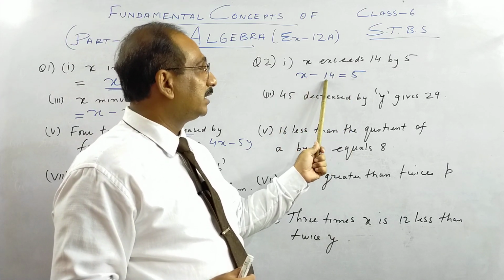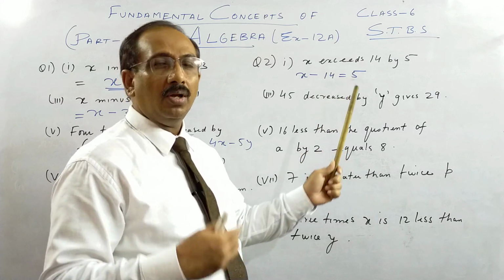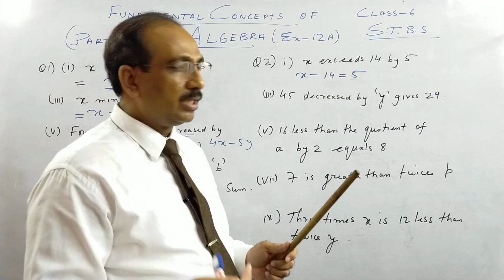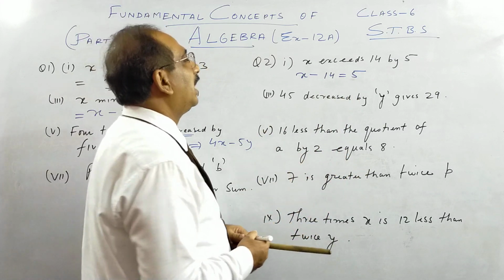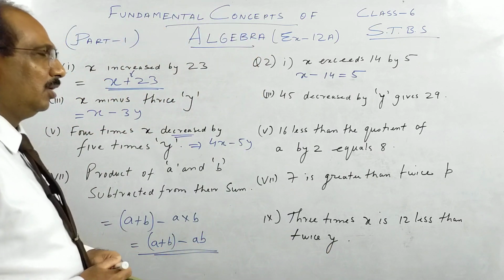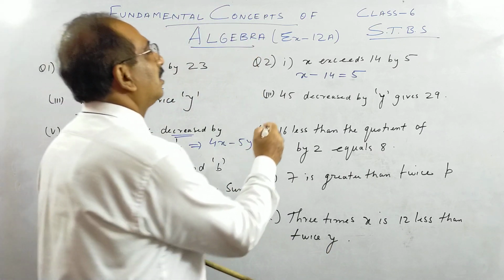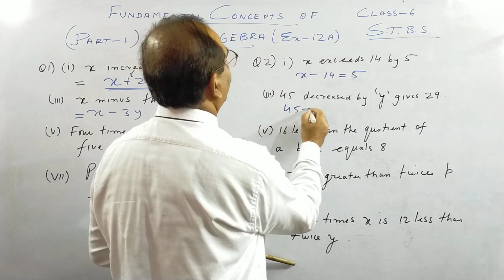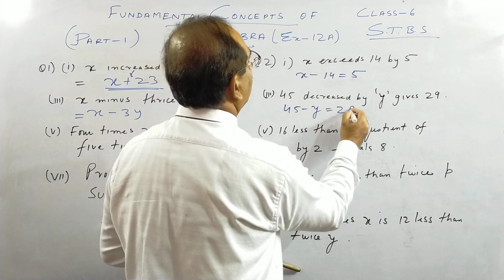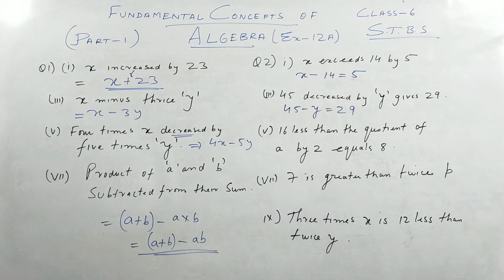So 19 exceeds 14 by 5. Simple equations we will be doing in the next chapter. 45 decreased by y gives means equal to, children. In the first question, x exceeds 14 by 5, the word by there we put equal to.